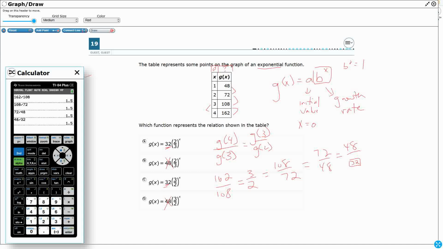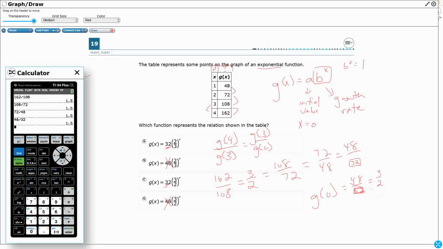So our initial value is going to be 32, which obviously is the only choice, but our growth rate here is going to be 3 over 2, not 2 over 3. How could we figure that out? If we know that g of 0 equals 48 over this blank, we know that also equals our growth rate.